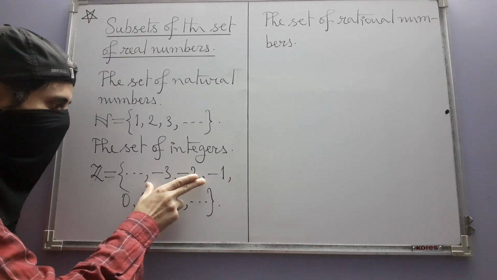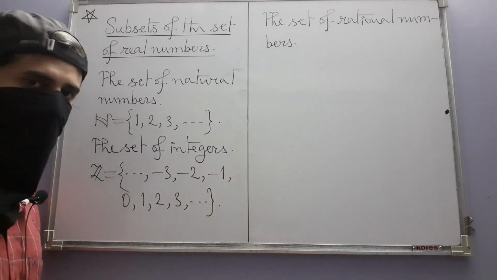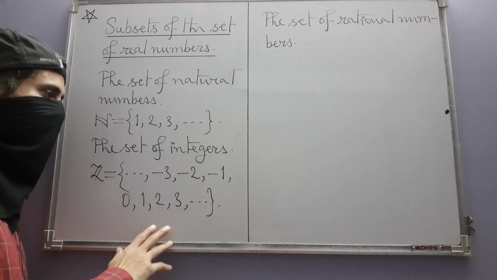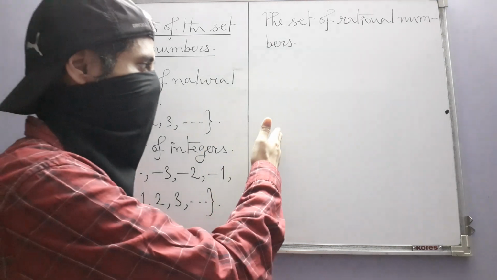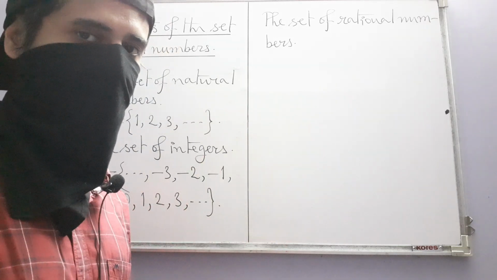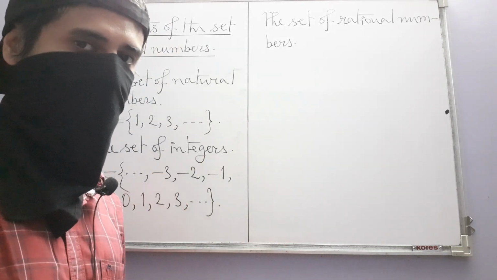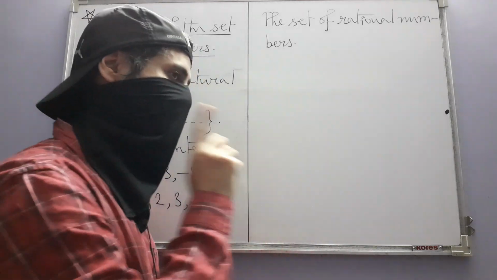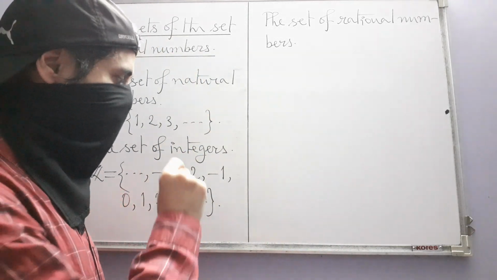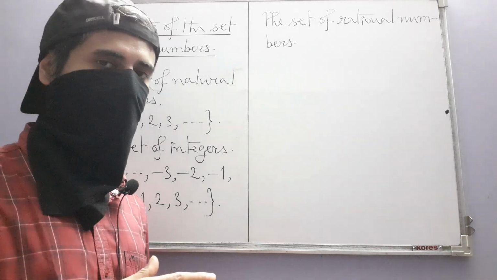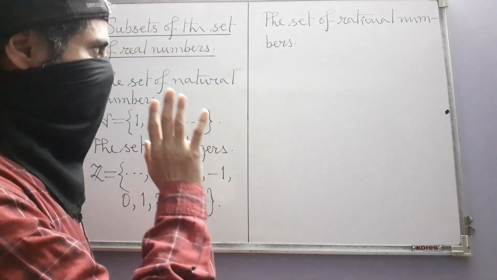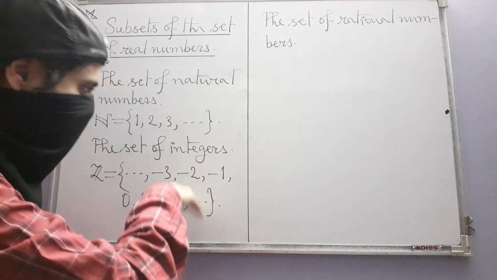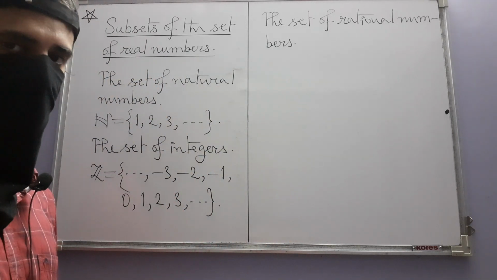Similarly, there is a pattern to how the integers are appearing on this list. However, no such pattern exists in which you can conveniently write the rational numbers in a list. However, you theoretically can write, but you cannot give a definite pattern. I am not going to go too deep into this. The thing is that we know that the set of rational numbers cannot be expressed using roster notation.